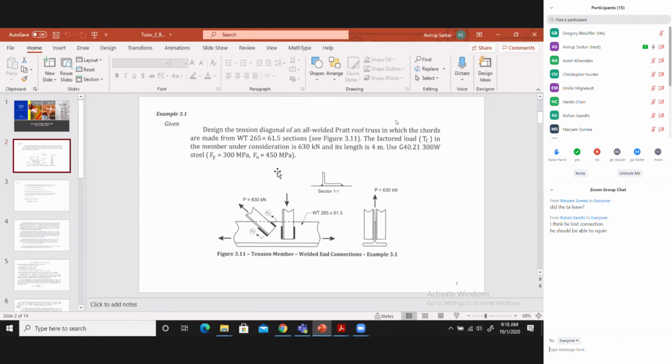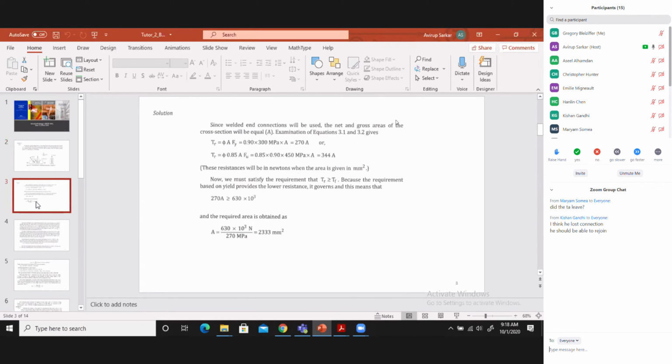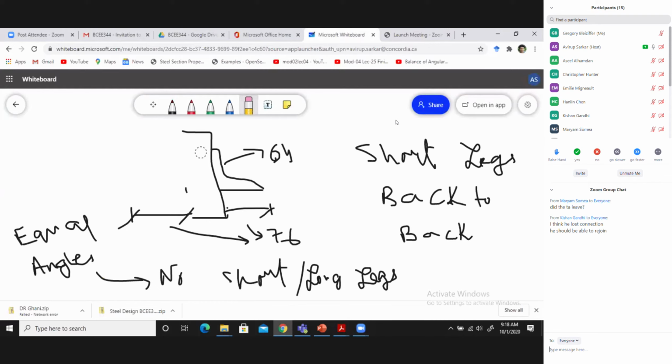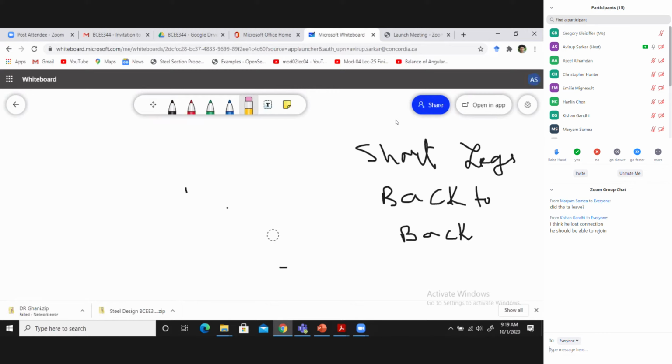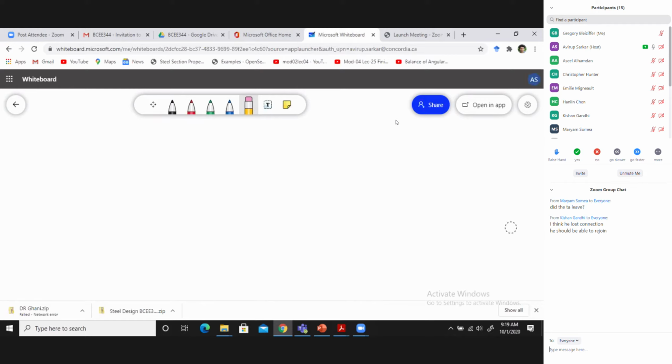So what we did, as I mentioned, suppose we have something like this, a plate maybe, and we need to connect an angle section to it by weld. So how do we do it?